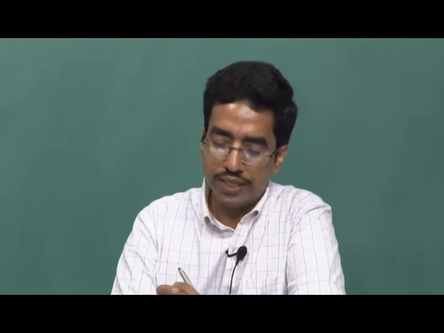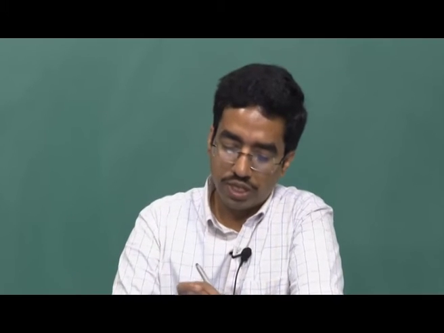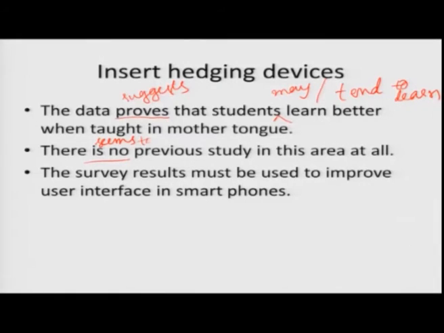So, instead of saying there is no previous study in this area at all, you can say there seems to be no previous study in this area, and this is a strong one, delete it. Or you can be a little more specific. You break it into further areas and say this part has not been studied.